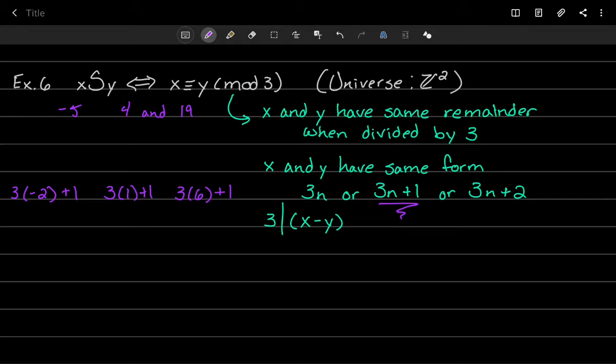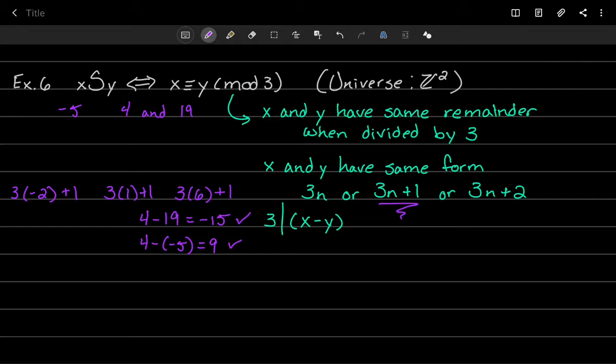So this says 3 should divide when I subtract them. Well, what is 4 minus 19? That's negative 15. That's definitely divisible by 3. Let's put the negative 5 in there. What if I do 4 minus negative 5? I get 9. That's definitely divisible by 3. Okay, same thing if you take the 19 and the negative 5. You'll get something divisible by 3.